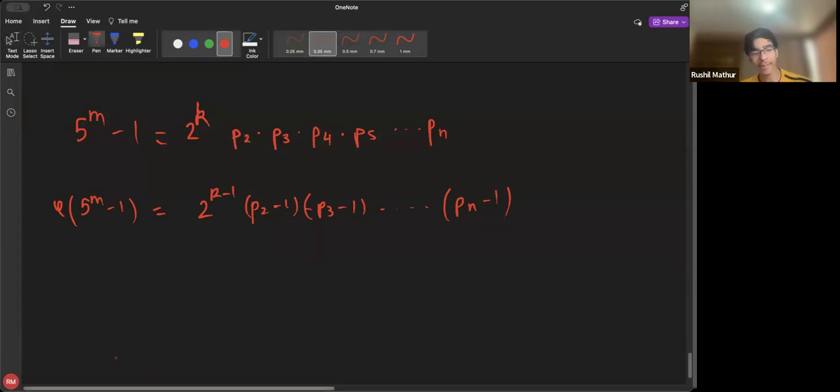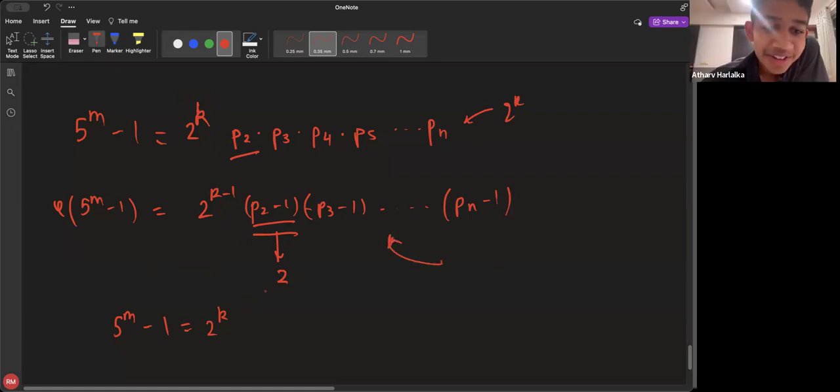One question is, can phi of 5 to the m minus 1 equal 2 to the k itself? But if not, there'll be at least one other prime, and that will contribute at least one extra factor of 2. So the point is the GCD of these things will be at least 2 to the k, because 2 to the k divides the first thing, and 2 to the k also divides the second thing, as long as there's at least one other prime factor.